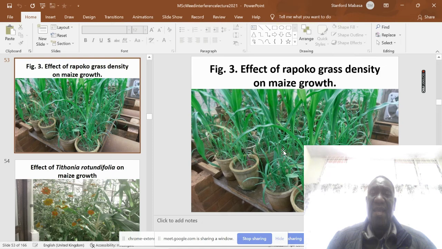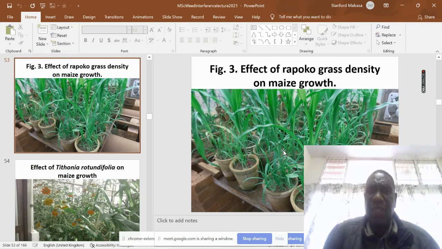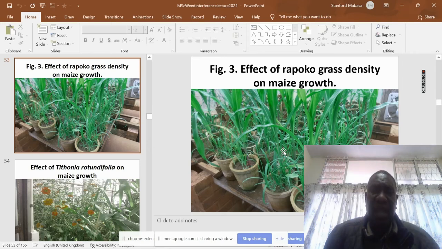So you can vary the density of the weed, but maintaining the density of the crop constant. For example, here we are just having one maize plant per pot, but the number of Rapoko grass is being changed in various pots so that we can assess the impact of the weeds on maize dry matter production.